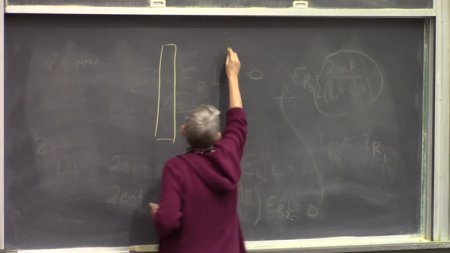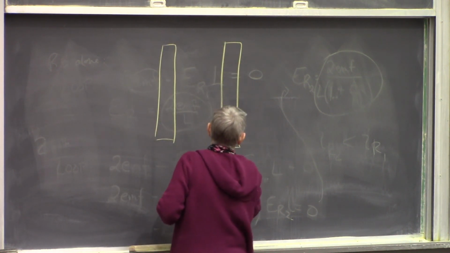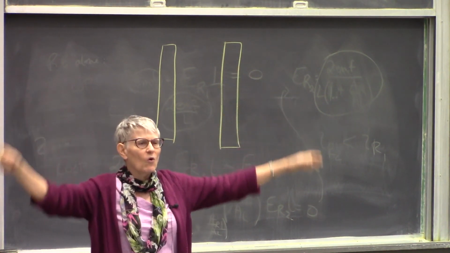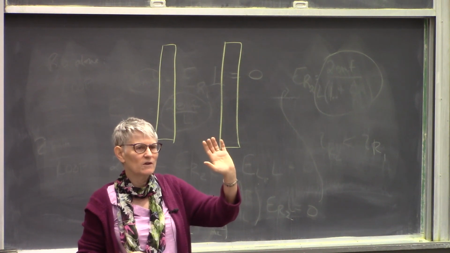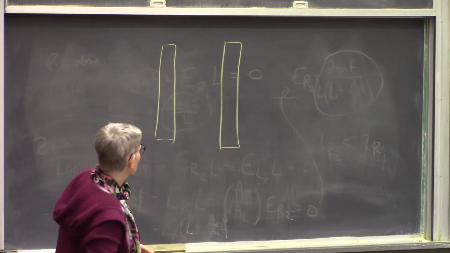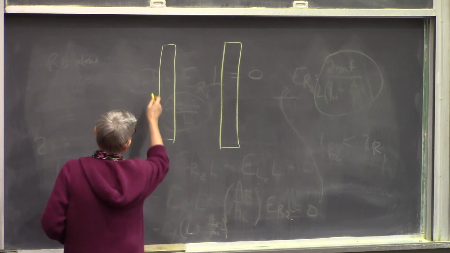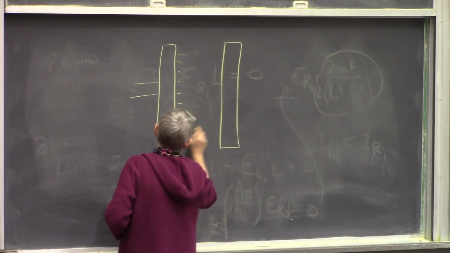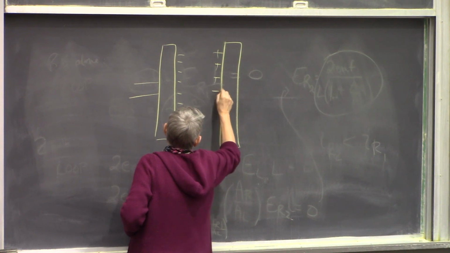And to think about that, we actually have to go back to this caveat that when we think about a circuit, we have to think about the whole circuit and not just one piece of it. So let's think about, here are our negative charges, here are positive charges.